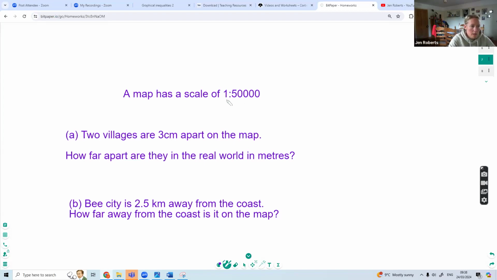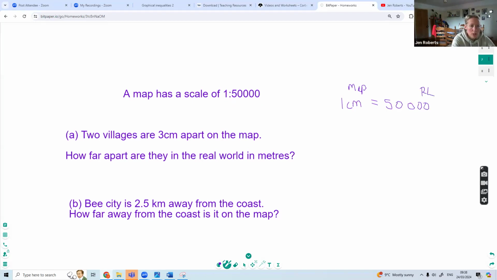Okay, so this is our conversion. 1 centimetre on the map, 50,000 centimetres real life. What are we told?